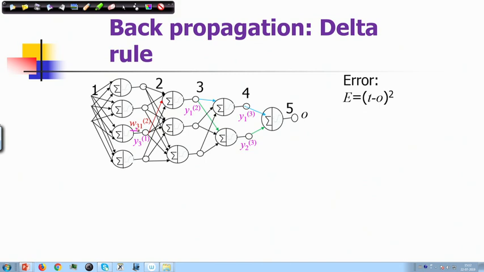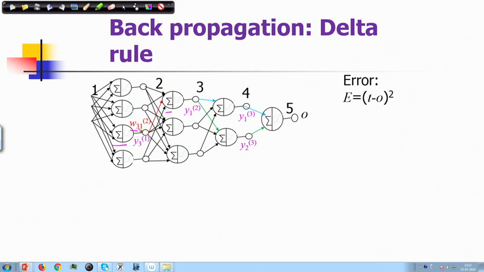You note here, in my notation, this is the weight, where 3 is the third neuron in the previous layer, and 1 is the first neuron of the current layer. This is the first layer, and this is the second layer.